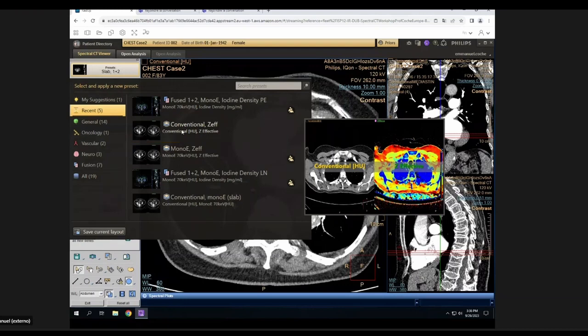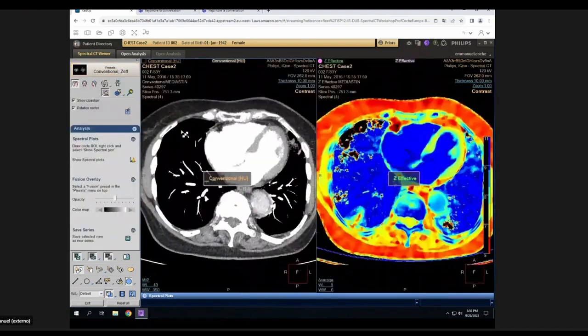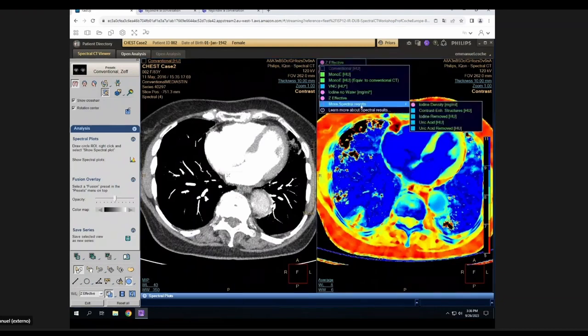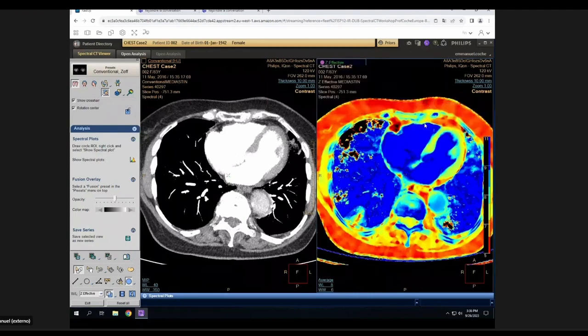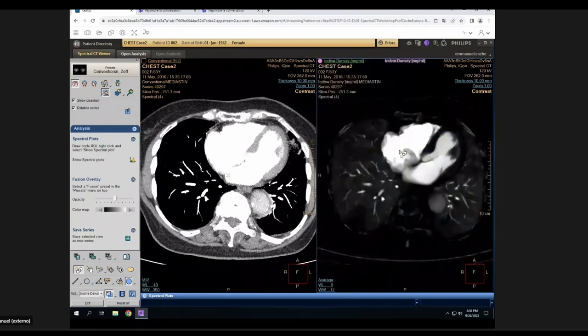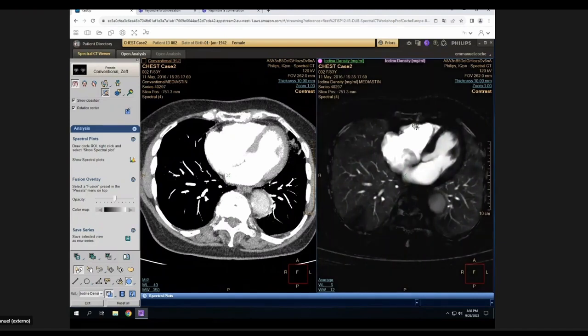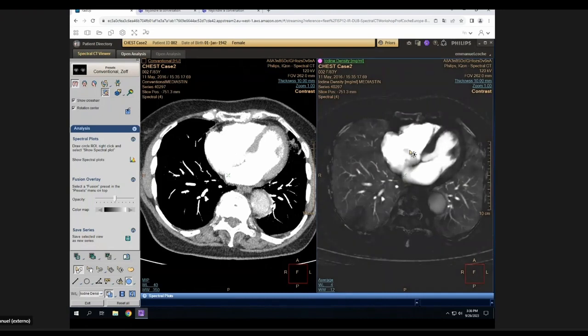You select this one, conventional Z effective, and you can compare side by side the results. You go to the left upper side of the box and you go to iodine density. Iodine density, and you change your window setting by pressing the central button of the mouse, like that.